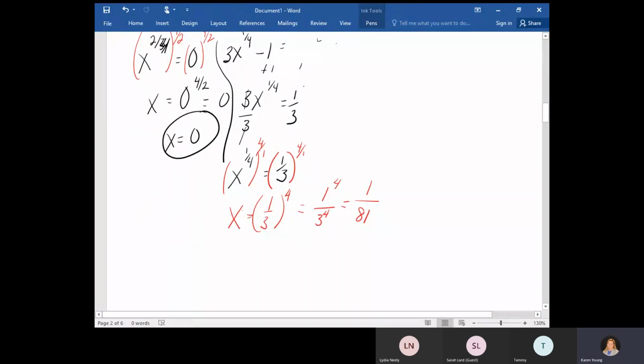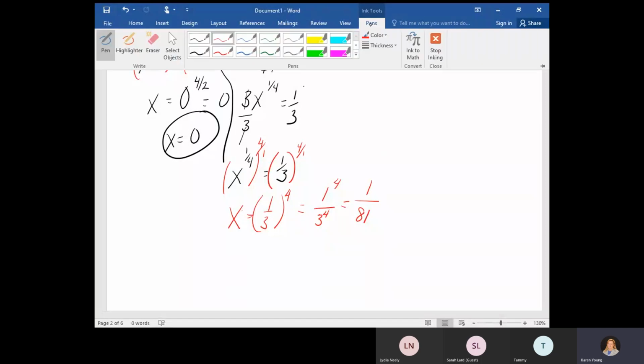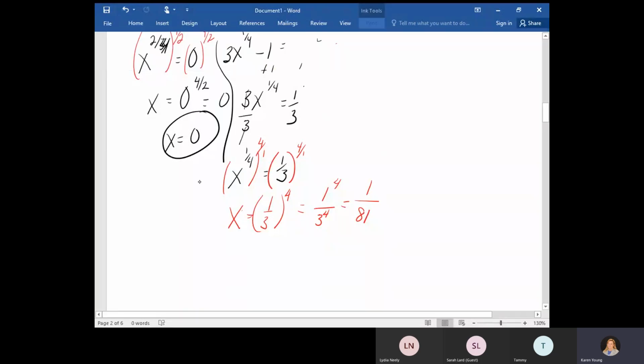So then my answer is x equals 0 and 1/81.